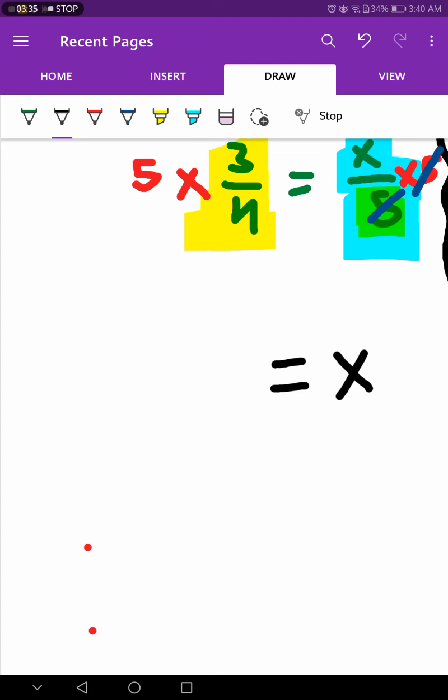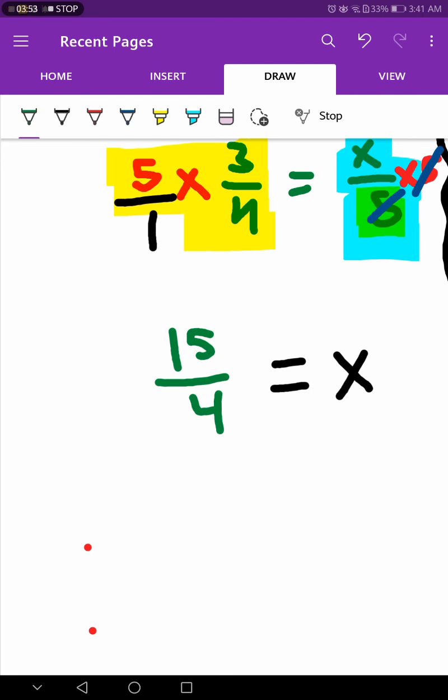And the left side, what will happen here? It is multiplying a whole number by a fraction, and all of my students also know that the 5 is 5 over 1, up with up, down with down, so it is 15 over 4.